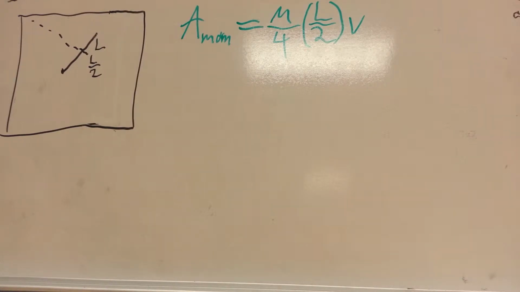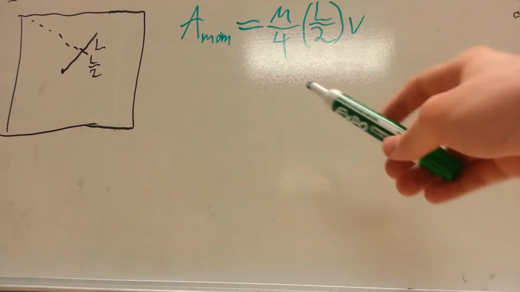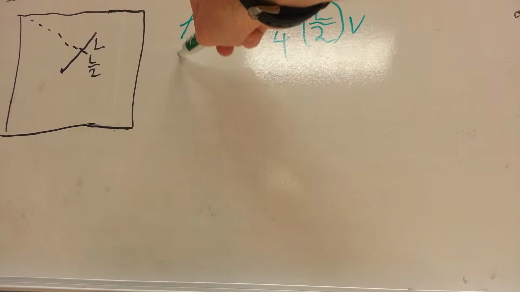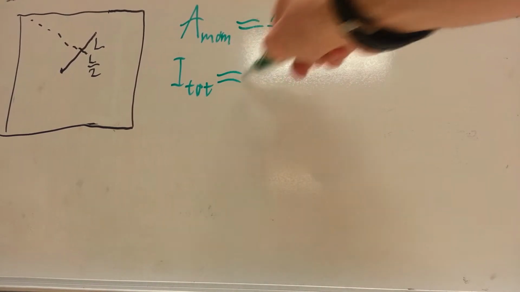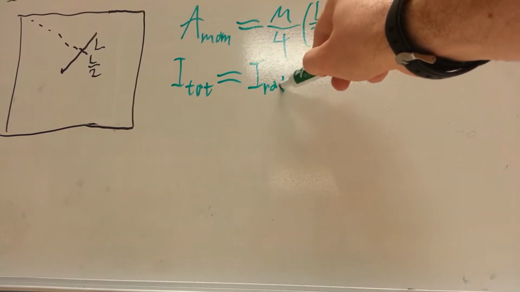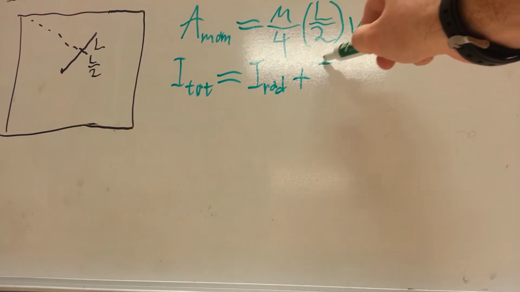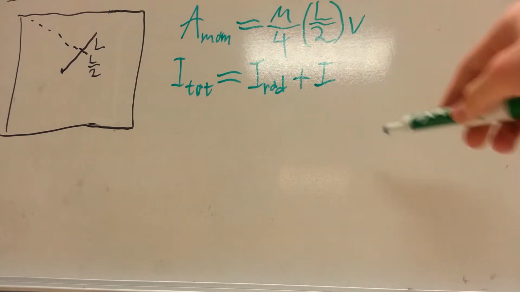What else do we know? Well, since momentum is conserved, we want to be able to use this V and this M along with the moment of inertia of the system to solve for the unknown of omega at the end.